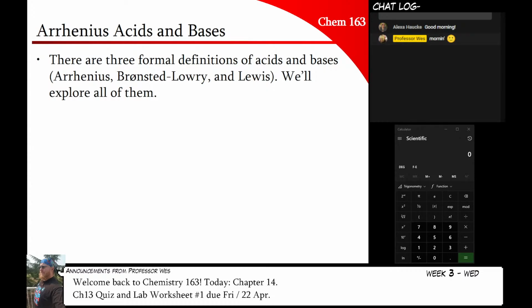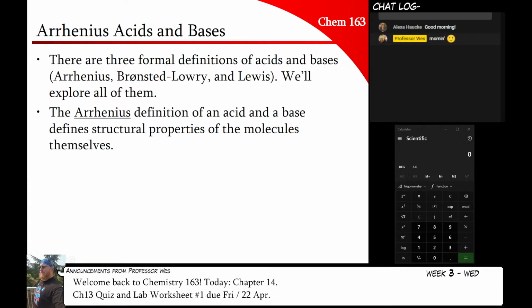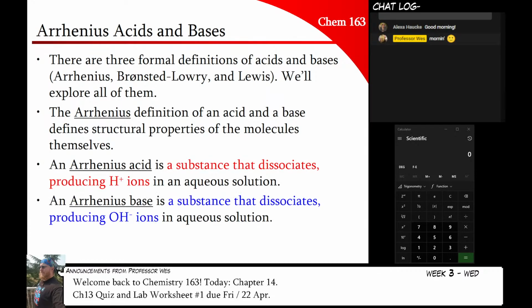And then the Arrhenius definition is our very surface level definition. And you'll see what I mean by that in just a second here. The Arrhenius definition of acids and bases is based on the formula, and these are the qualities that we're looking for in either an acid or base. So if you are an Arrhenius acid, then you dissociate into pieces.